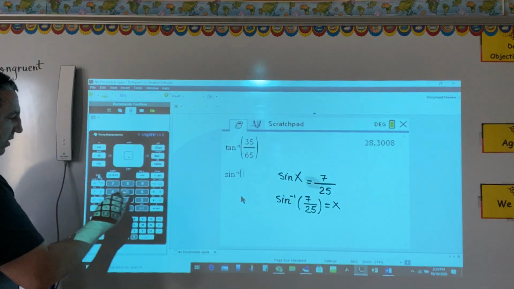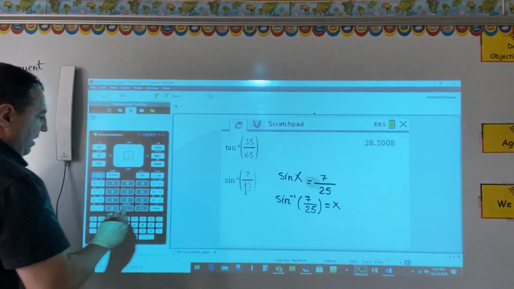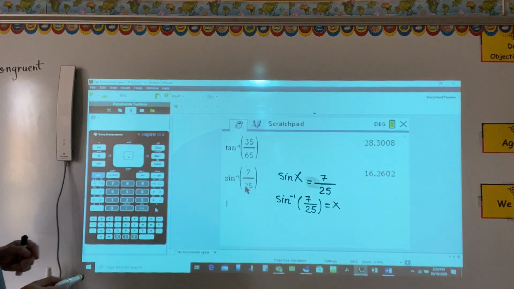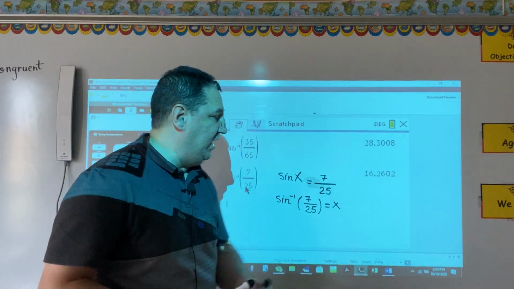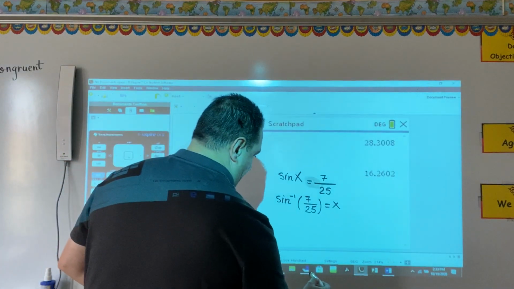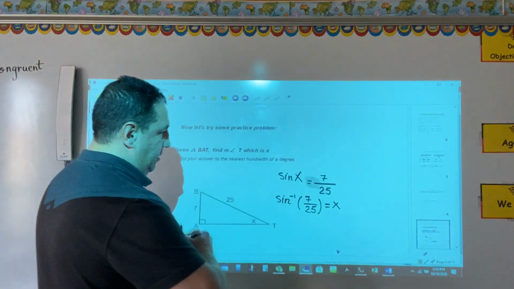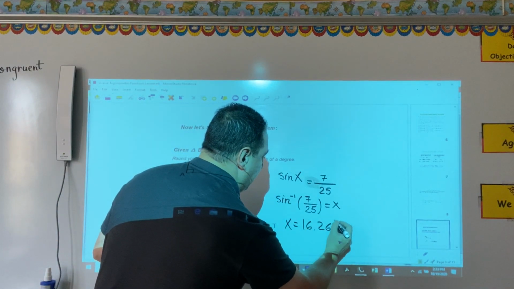So control, divide, 7 on top, in the bottom 25. And then we hit enter. So we get the angle 16.26. So angle X would be 16.26 degrees.